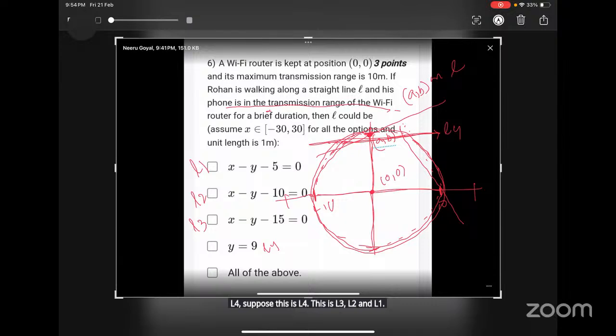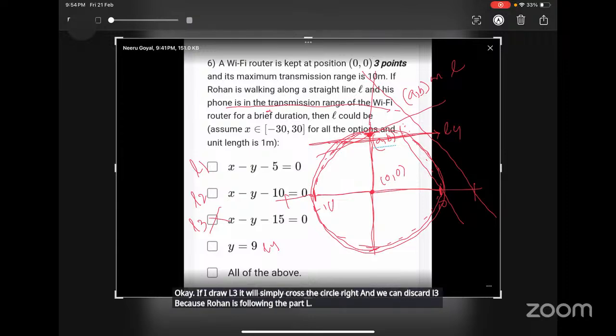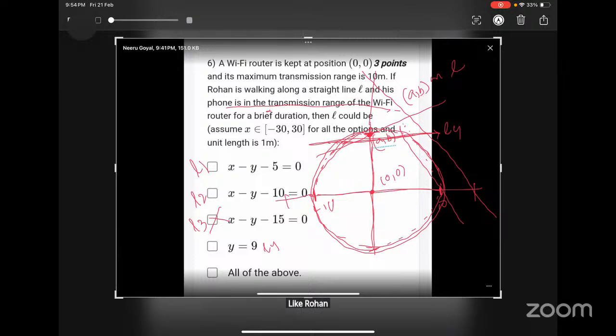If I draw L3, it will simply cross the circle, right? And we can discard L3, because Rohan is moving towards the line L and he is inside the transmission range, but the line L3 is outside the range.